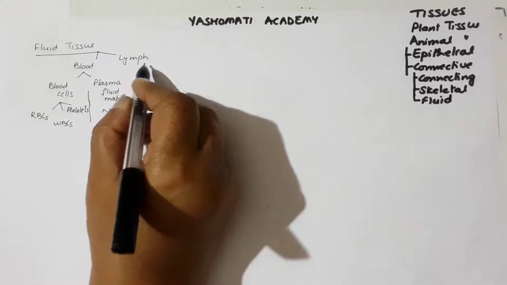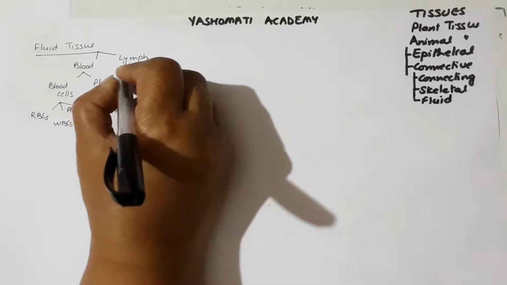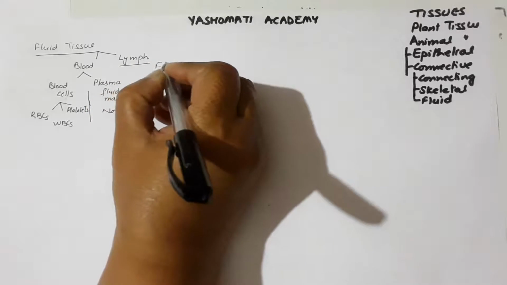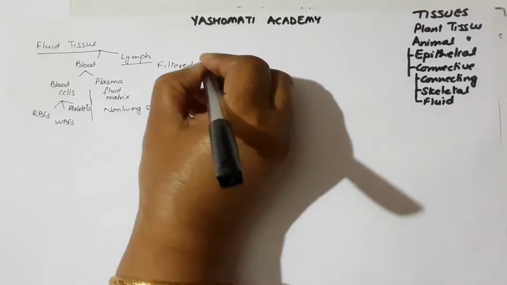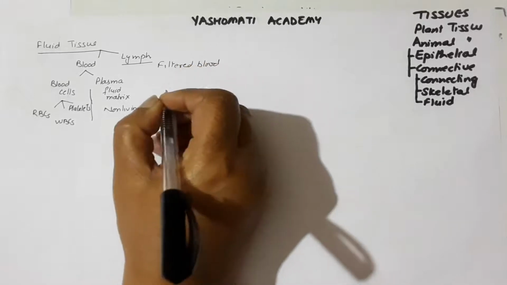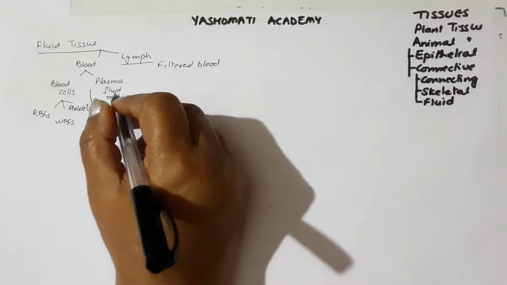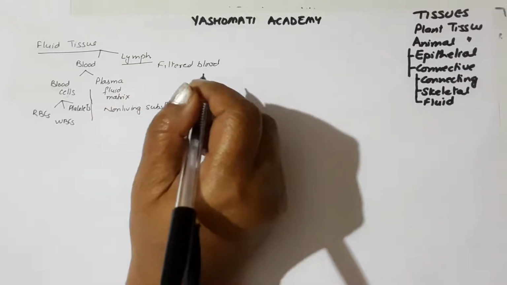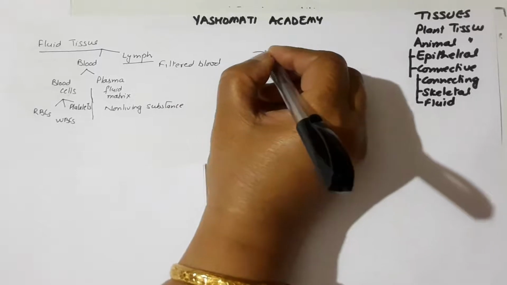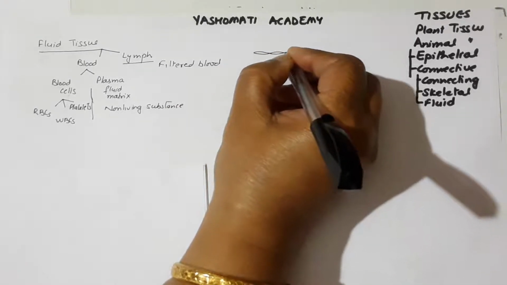So there are three different types of blood cells which are floating in plasma. Let us talk about lymph. Lymph is filtered blood. Filtered blood means when blood passes through capillaries, some fluid part of the blood oozes out. I hope you remember that capillaries are made up of a single layer of cells.